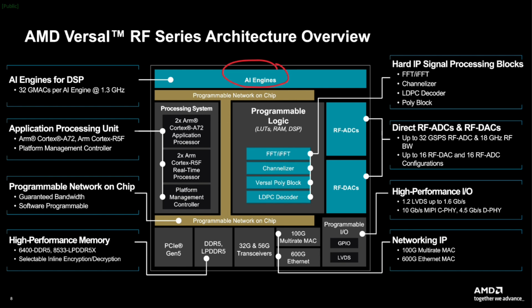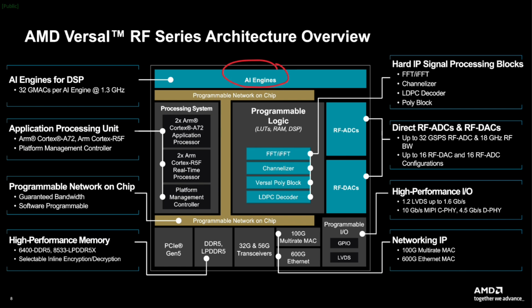Now, the next thing, we of course now still have a processing unit. It's a dual A72 and a dual R5. It's about the same processing power as we had on the Zynq. And then the other key IPs in the Versal portfolio would be the PCI Gen 5. That's available. We do support LPDDR5X, so the fastest DDR5 interface. And now we actually have 32 gig and 56 gig transceivers, again, with 100 gig, and we even have a 600 gig MAC available.